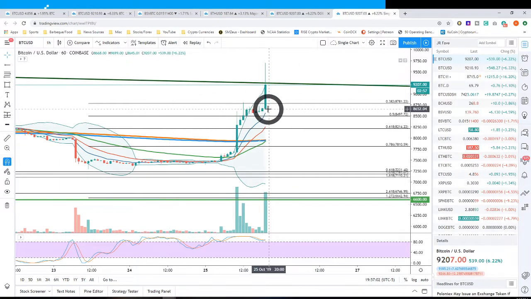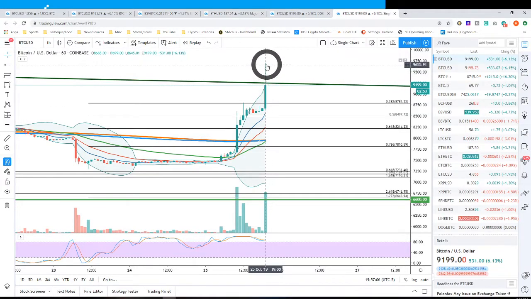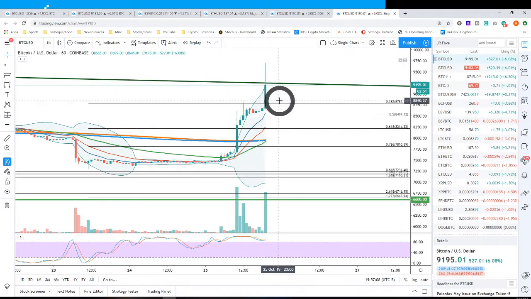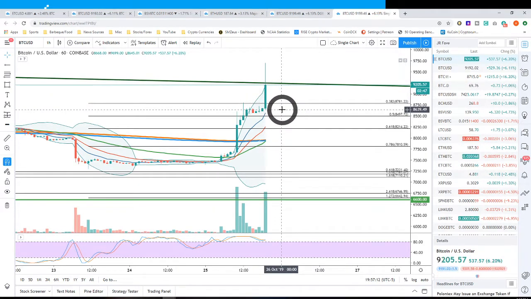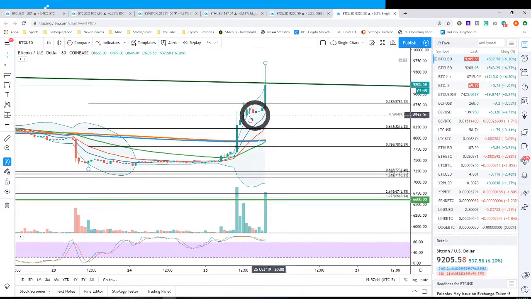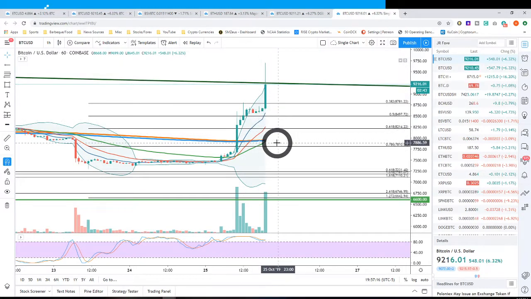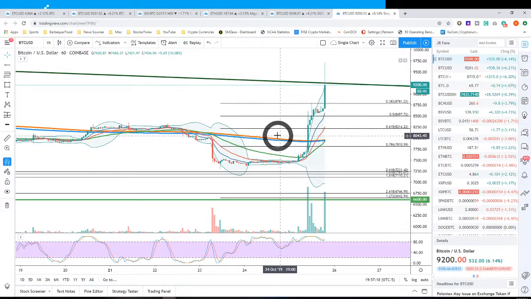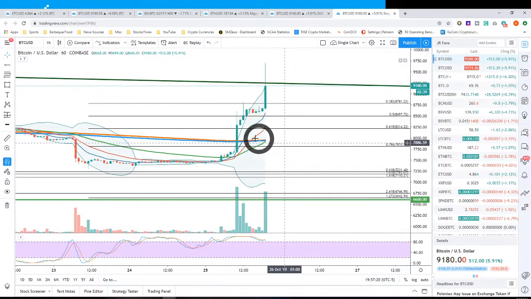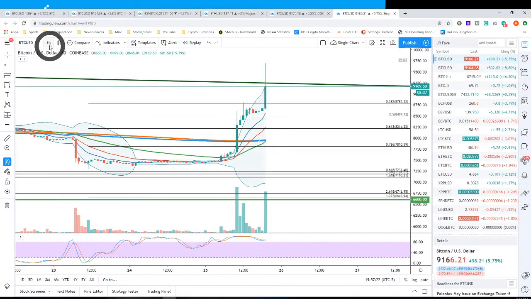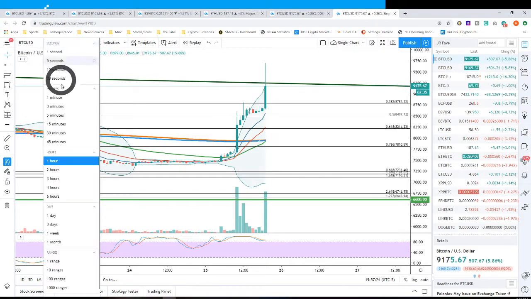Just saying. Don't FOMO into high prices. Let it come down to your area. So let's just have some popcorn for a little bit and let's let this dive back inside the Bollinger Bands, right?